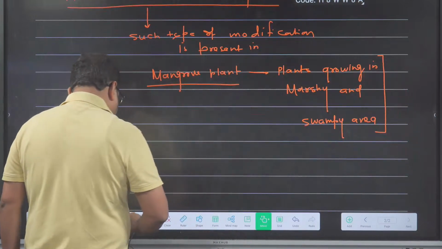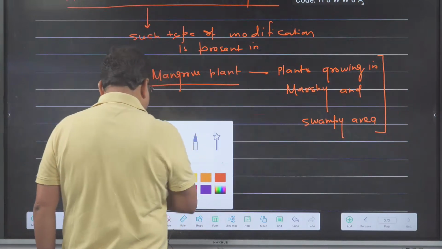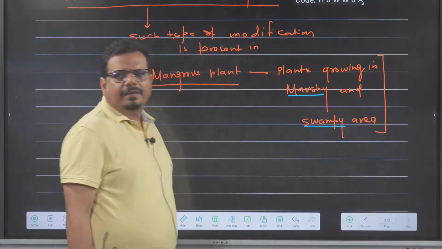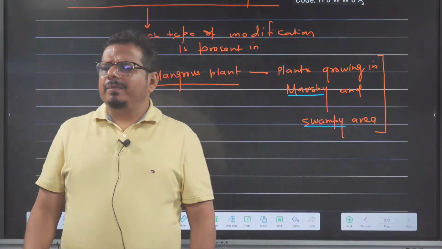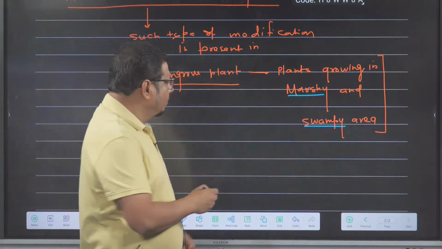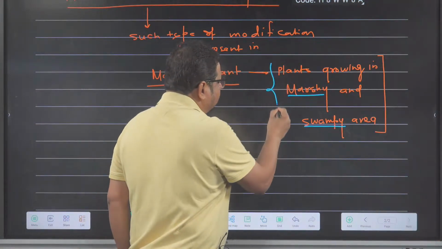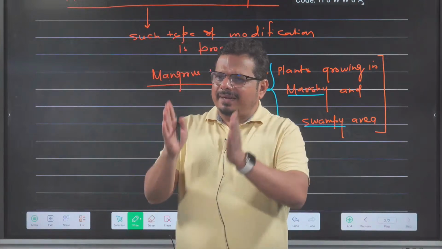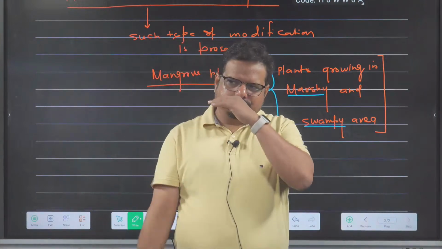You can say, sir, can you explain somewhat better what is a marshy area and what is a swampy area? Most of the time waterlogged conditions are there, wet soil is there, and this type of area is present in the intertidal zone of the ocean.